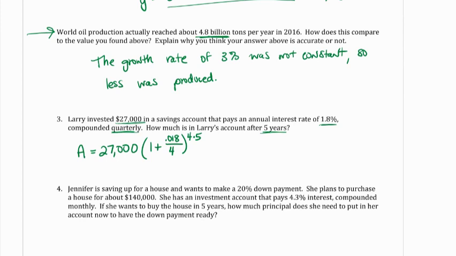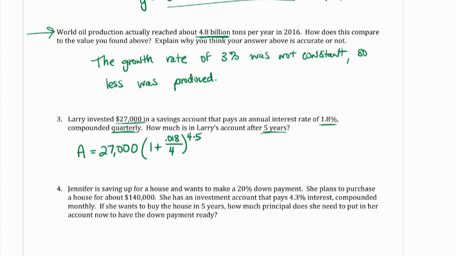And then we're just going to put that all in our calculator. Yours can probably do it faster than mine because you have better calculators. I've got to do it one step at a time here. Okay, 0.018 divided by 4 plus 1.